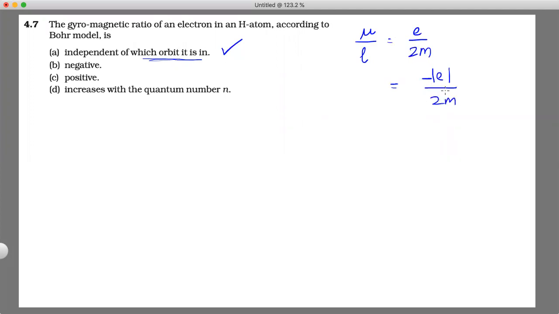Because m cannot be negative, right? So it is actually a negative number because it is e by 2m. It's definitely not positive. And increases with the quantum number n? It does not, because with quantum number n, R changes, and R is not a part of this, right? So only the first two are true.